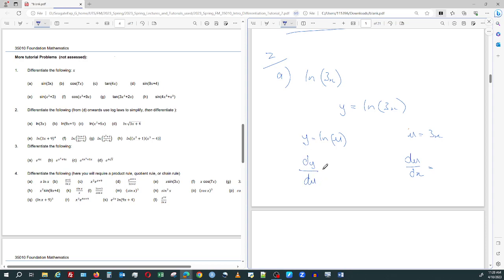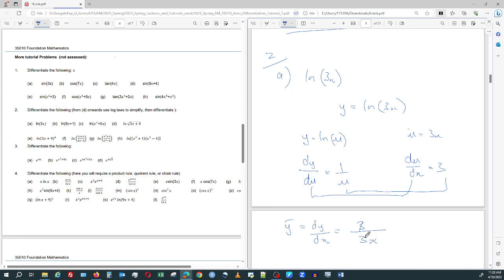Dy du. And so what we'll have is, this is 3, this is 1 over u. Okay, and if we put the chains together, that means we put these parts together. So we're going to have 3 on top. So y dash, which is dy dx in this case, is going to be 3 over u, which is 3x.